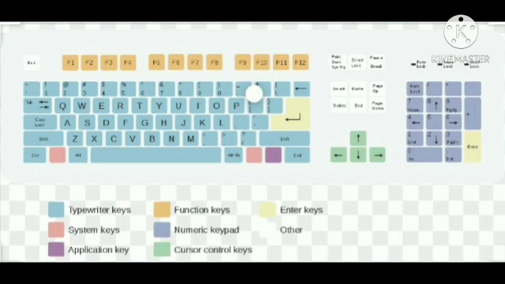Caps lock key. When the caps lock key is on, you see a light on the right side of the keyboard. All the alphabets you type appear in capital or uppercase. For example, if you type the word computer in small letters, it will appear as COMPUTER in capital letters on your monitor.